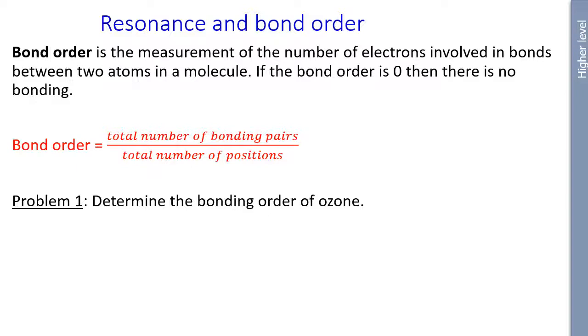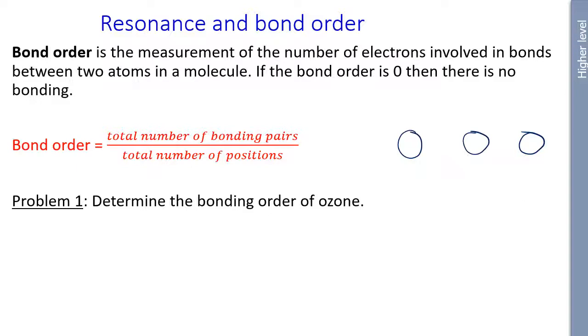If the bond order is 0, then there is no bonding. The bond order is the total number of bonding pairs divided by the total number of possible positions. So let's first work out the bond order of ozone, O3. We've got O, O, O. So what is the bond order of ozone?